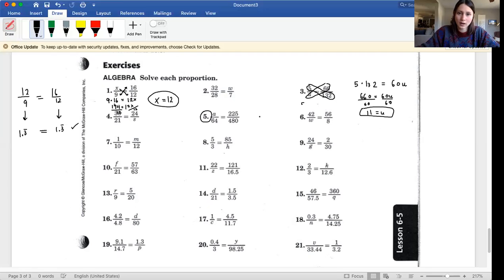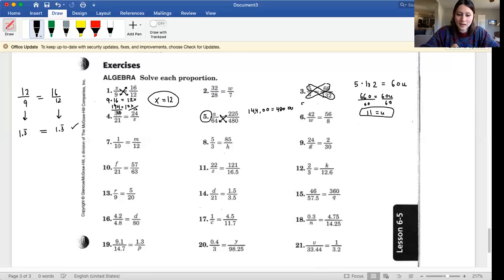Let's do 5, okay? So multiplying diagonally, if you start getting good at this, you might not even need to draw these arrows or circle them. 225 times 64, big number here, right? So when I multiply across, I have 14,400, put my comma in the wrong spot, and then that's where the comma is, and then that equals 480a.